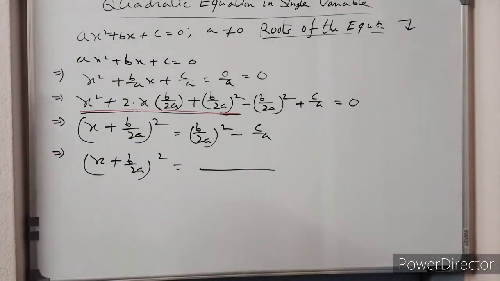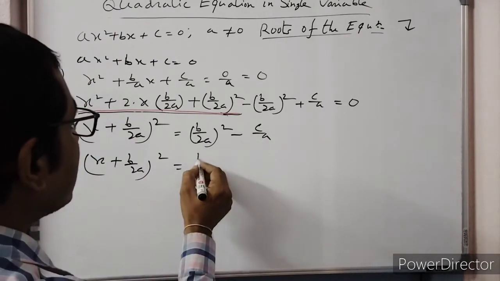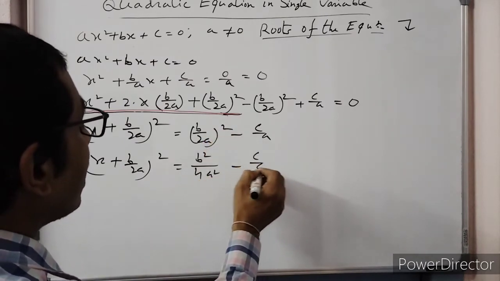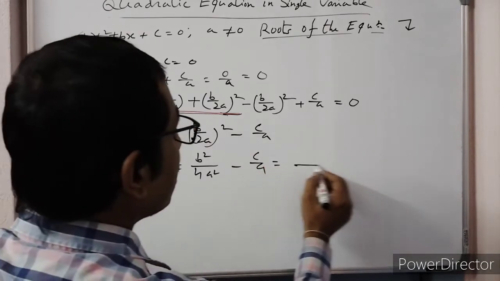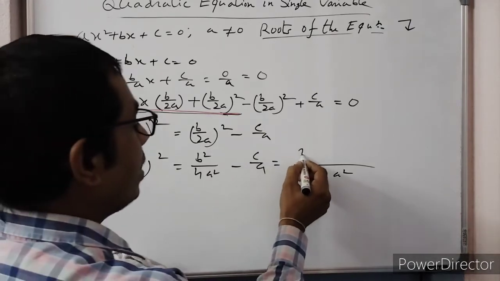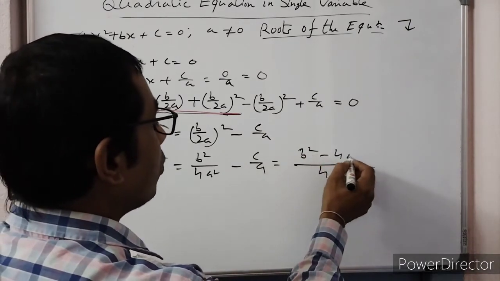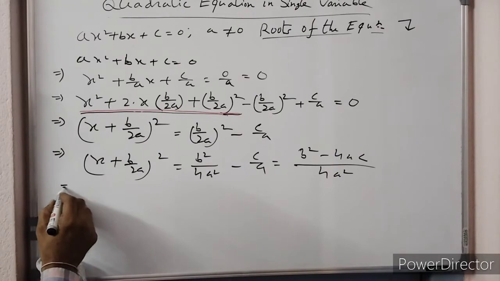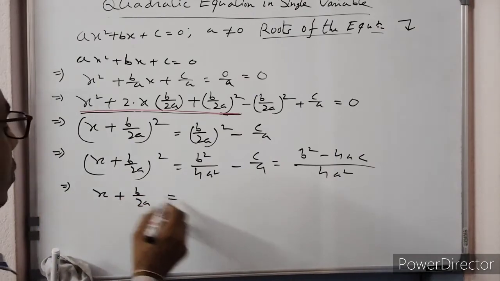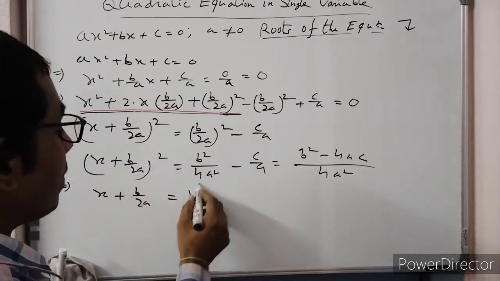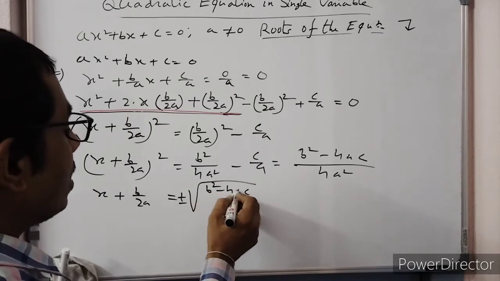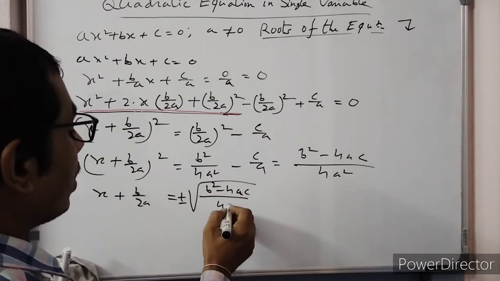equal to b square by 4a square minus c by a. Take 4a square LCM, it will be b square minus 4ac. Implies x plus b by 2a equal to plus minus root over b square minus 4ac by 4a square, as there is a whole square.